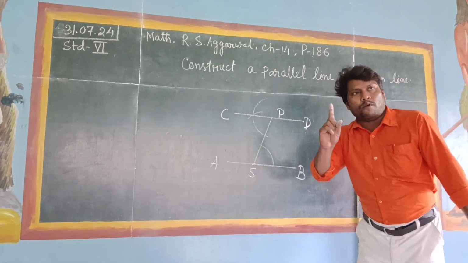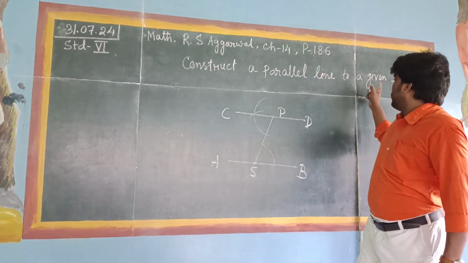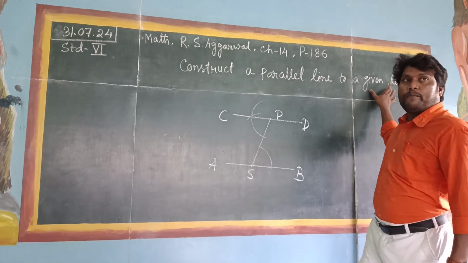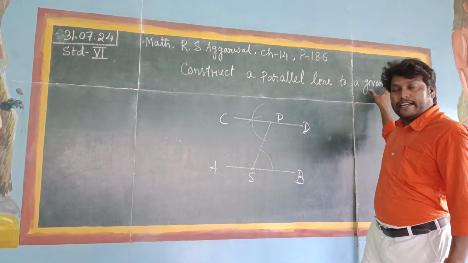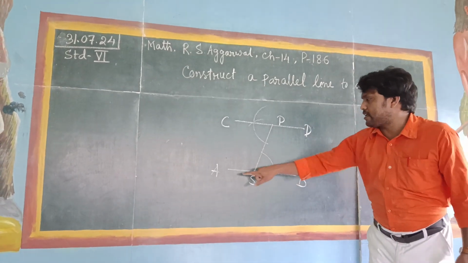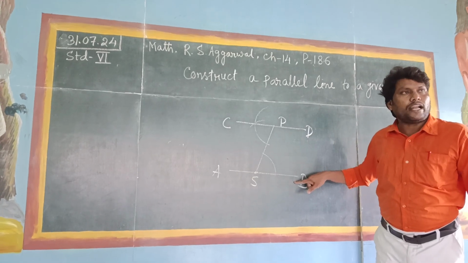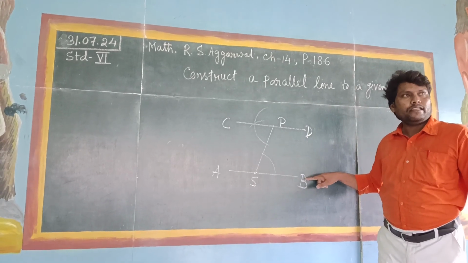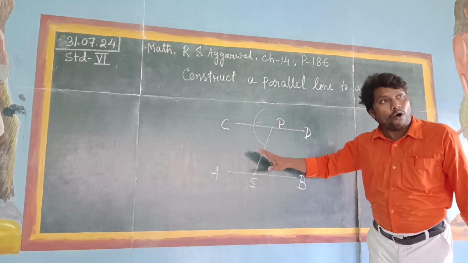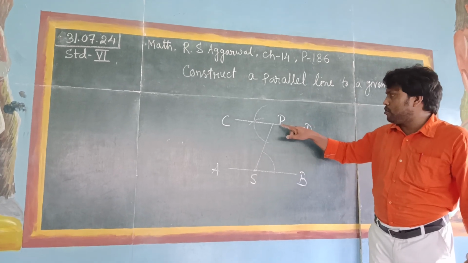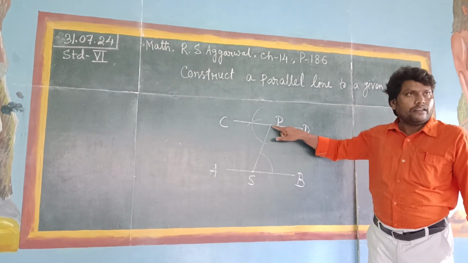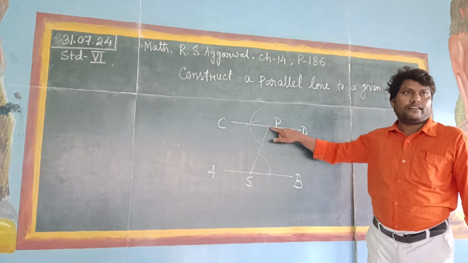What is the process? Step 1: which portion will be focused first? The given line. So at first construct the given line. I have drawn the line AB, taken a point S on it and also taken a point outside the line.